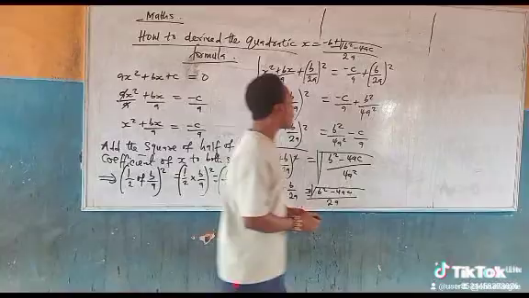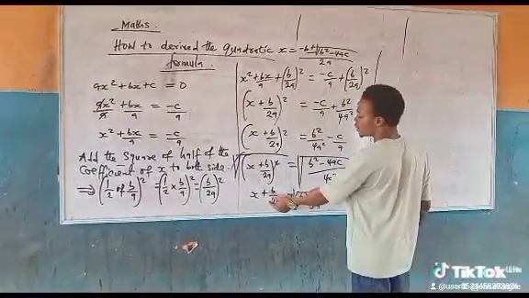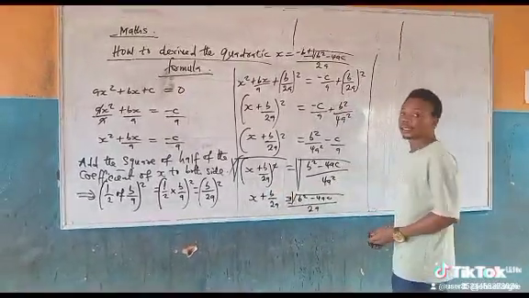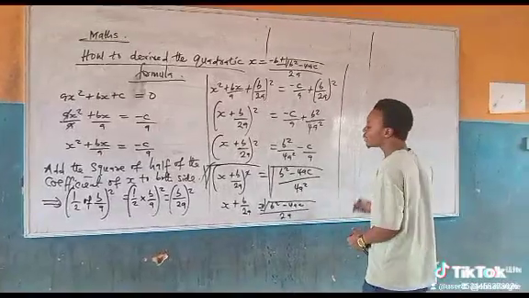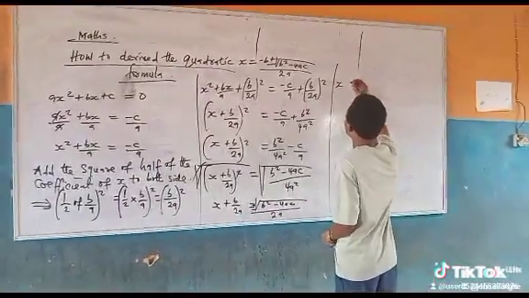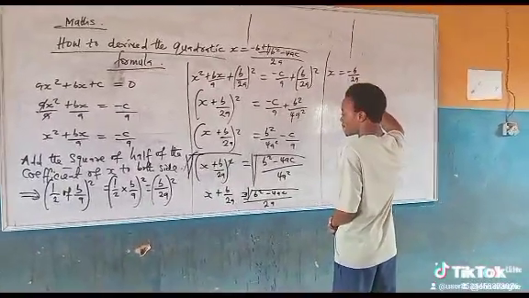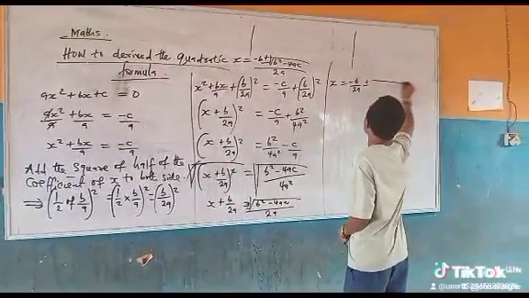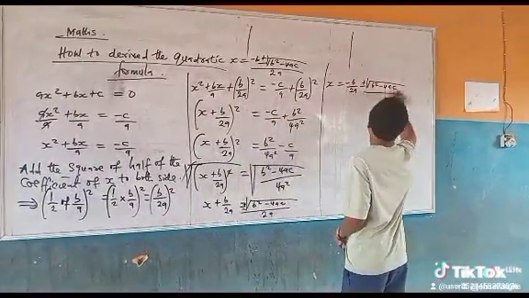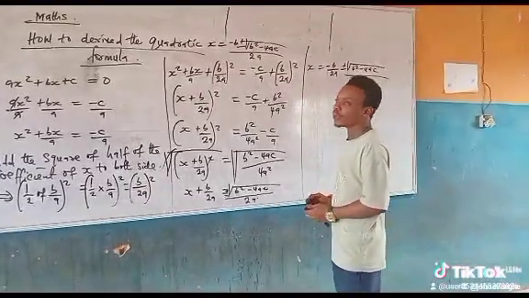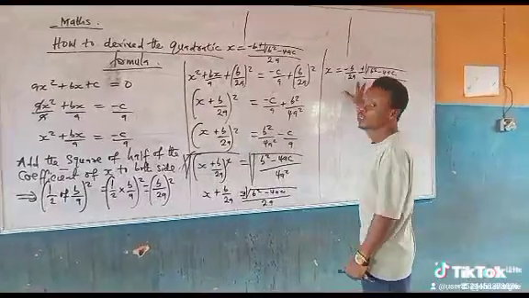So from here now, we are going to move this back to the right hand side. It is plus here, when it crosses to the right hand side, it becomes minus. So x is equal to minus b all over 2a, positive or negative, the square root of b squared minus 4ac all over 2a. Now you see that we have 2a, 2a, meaning that the denominators are the same.